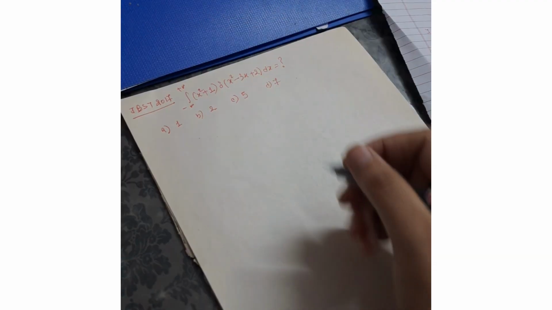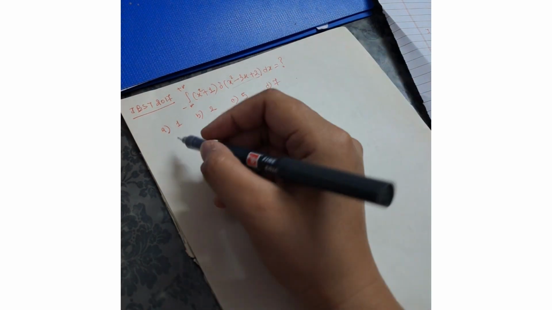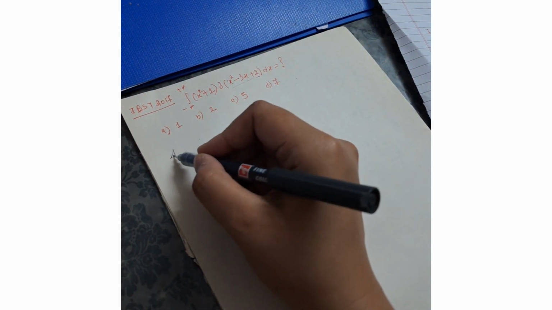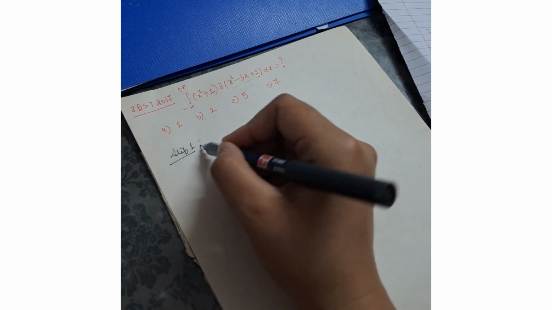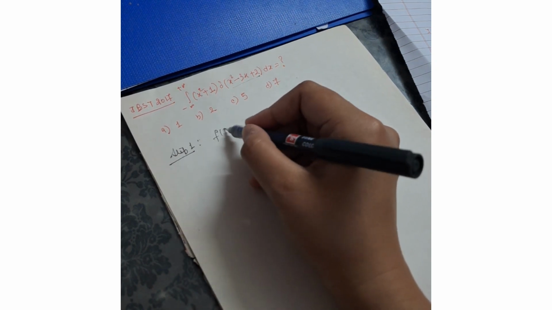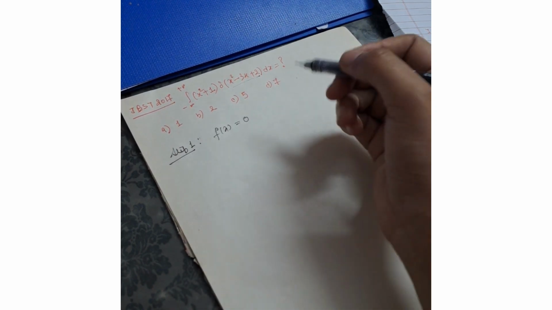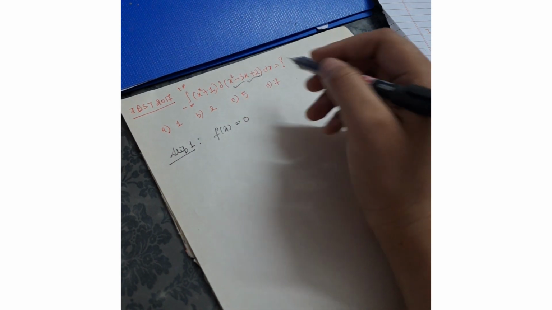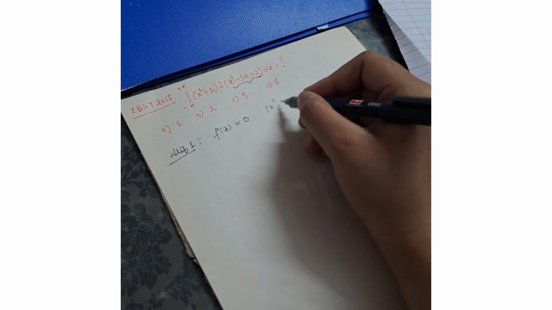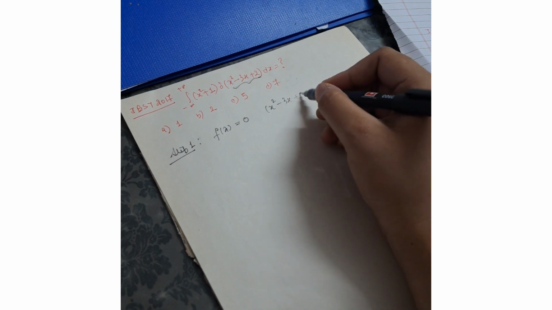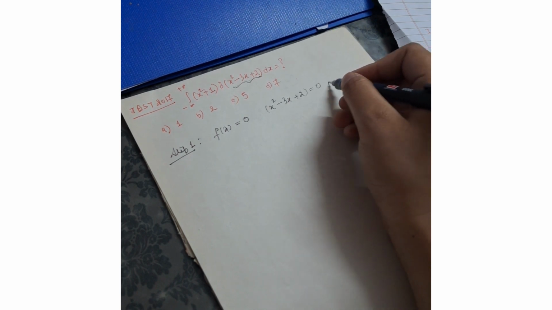Let us solve this question step by step. Step 1: put f(x) equal to 0. Here, this is our f(x). So x square minus 3x plus 2 is equal to 0.